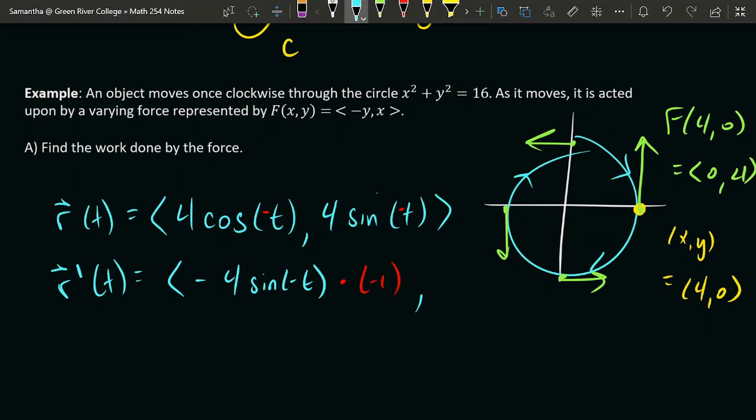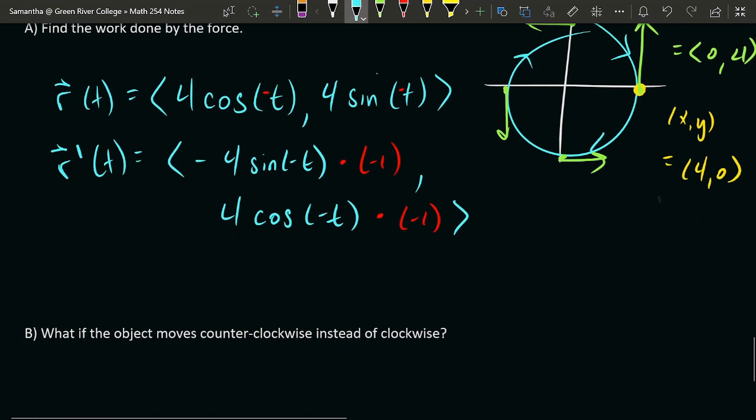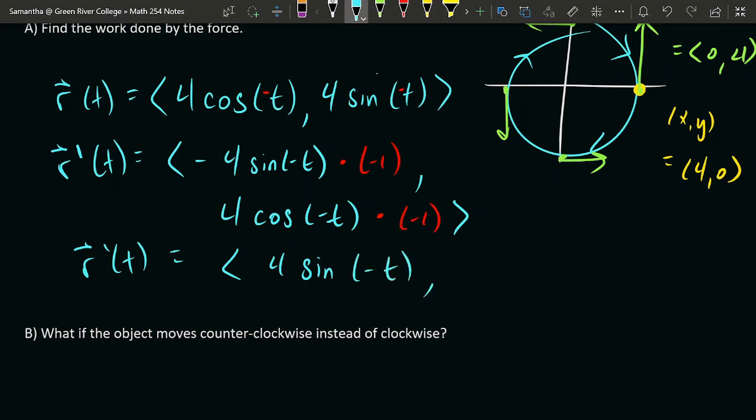Similarly, for the derivative of the y component, we'd have to be careful to make sure that we include the extra negative 1 that appears from chain rule as well. So 4 sine of negative t and minus 4 cosine of negative t.